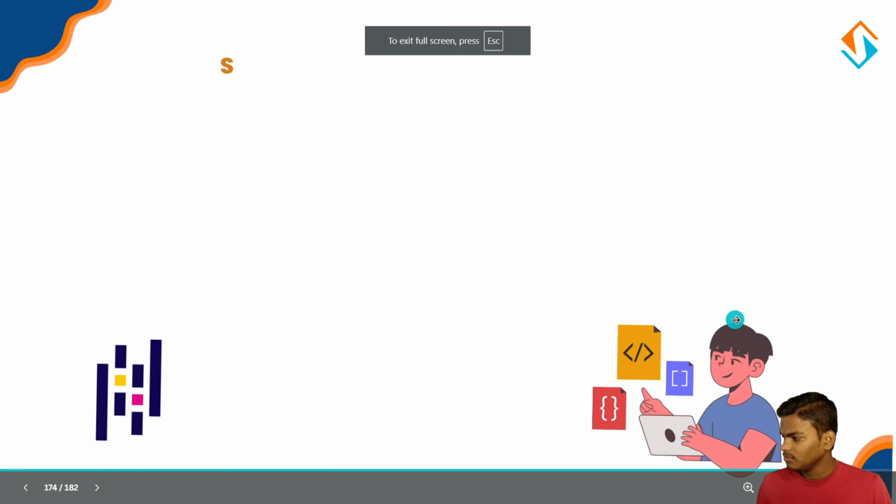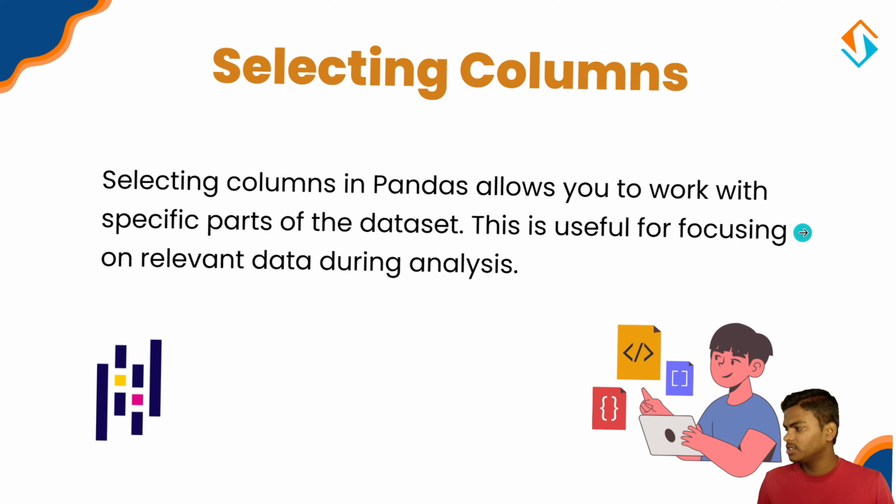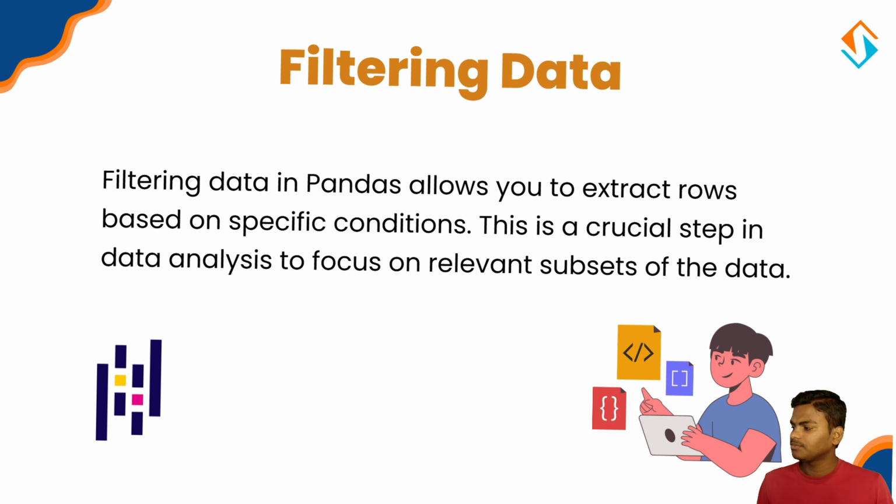Now let's come to our next slide, in which we are going to see filtering data. We can filter data to see only employees who meet certain criteria. For example, let's find employees with salaries greater than 60,000.